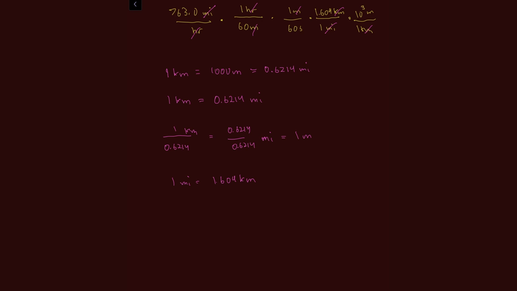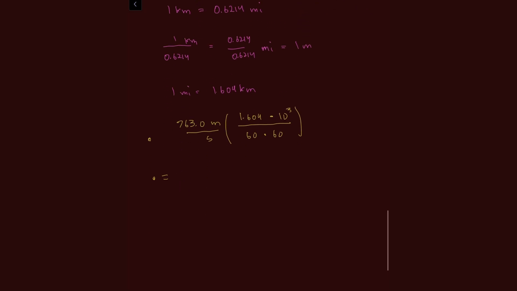So let's just see the numbers at the end of our calculation here. It's going to be 763.0 times 1.609 times 10 to the third divided by 60 times 60.